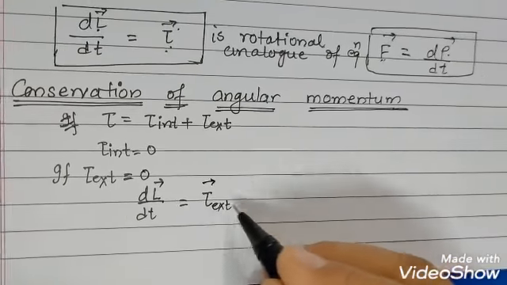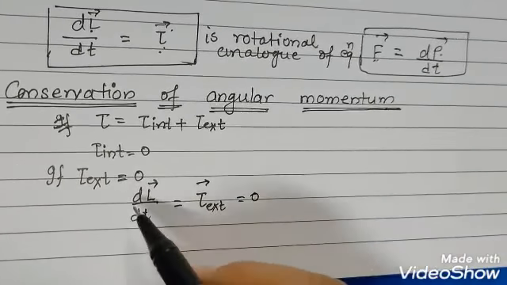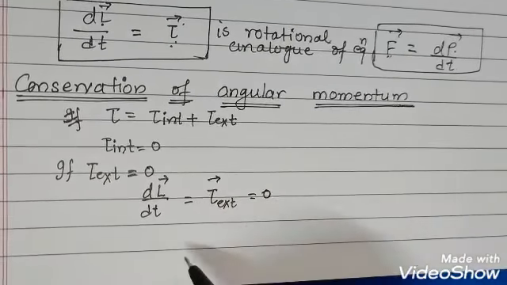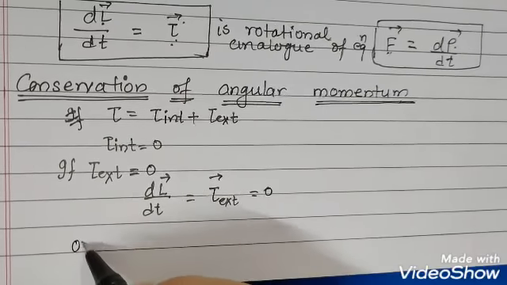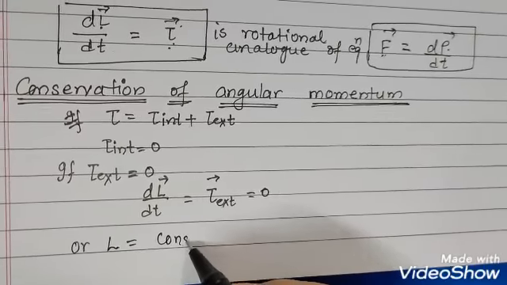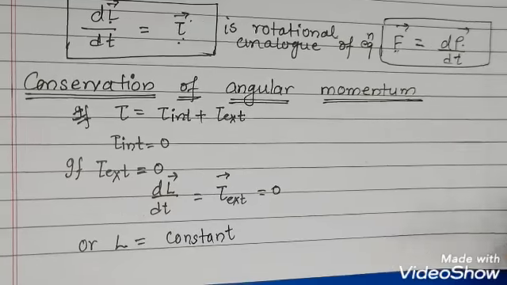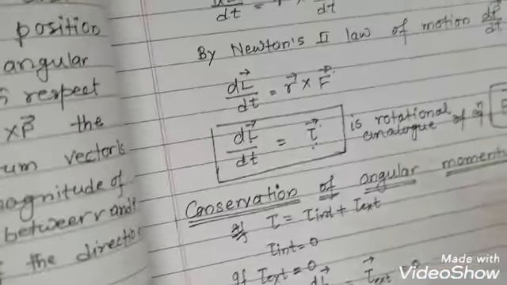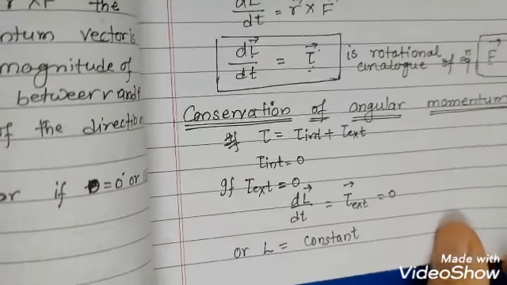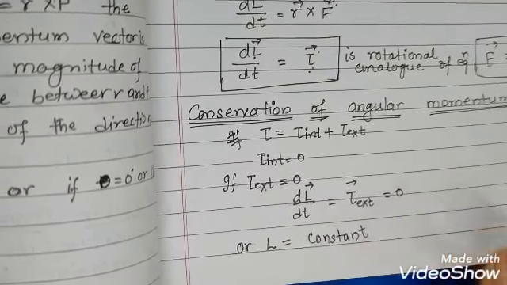So if it is 0, this relation dL upon dt would be 0. So obviously this L would be constant. So we can say here, if no external torque is applied, the angular momentum will be conserved.